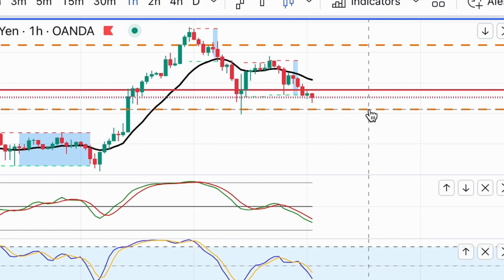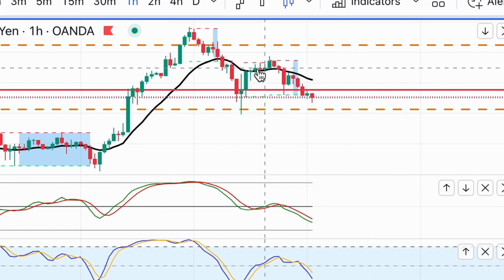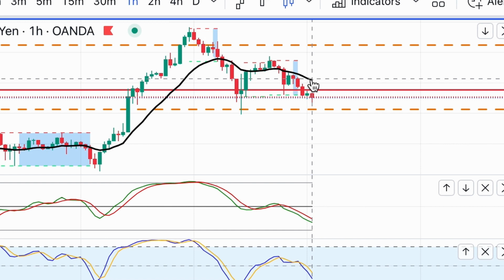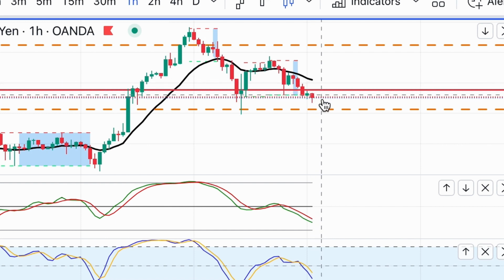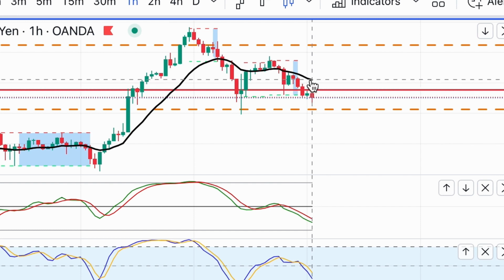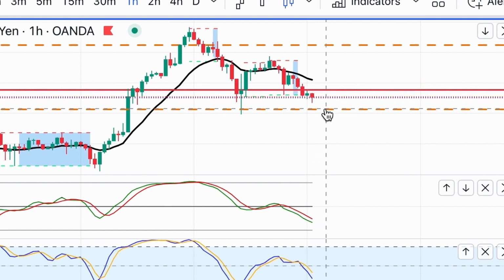On the 2-hour chart, you can see that my 30 exponential moving average is above the price, which is a good thing, and tends to mean that price is moving down if the price is below the 30 exponential moving average. I'm hoping that price will move down to that 136.576 price point. That's my target.